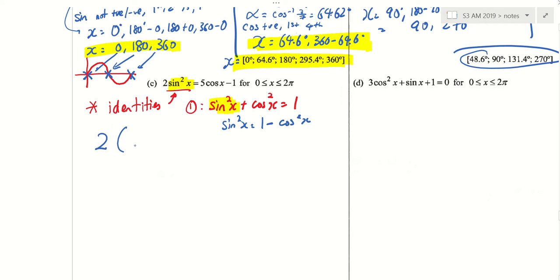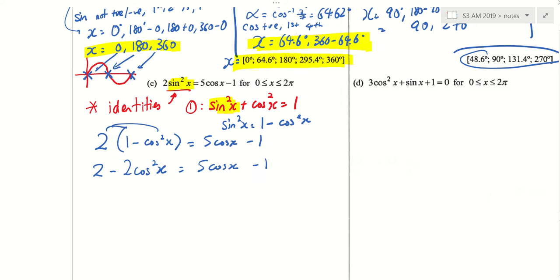Now I can write 2 bracket 1 minus cosine square x equal to 5 cosine x minus 1. So what do I do next? I will expand. So I have 2 minus 2 cosine square x equals to 5 cosine x minus 1.